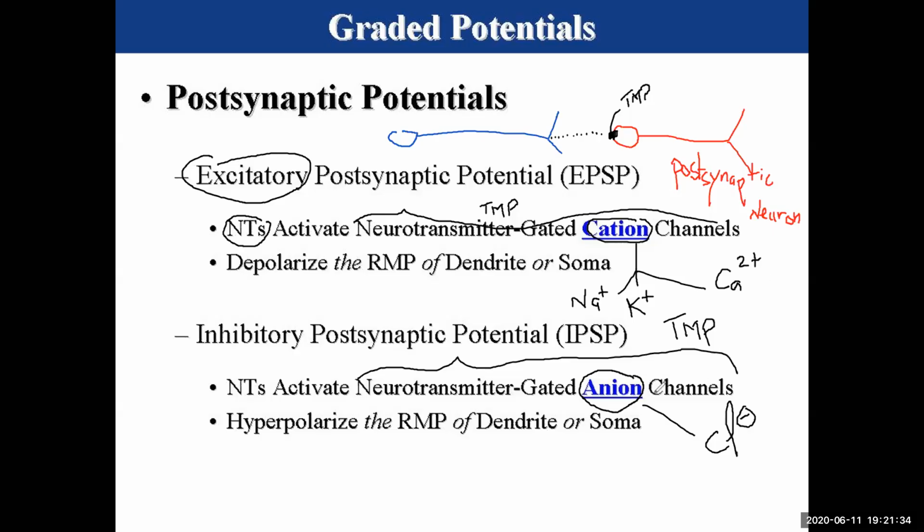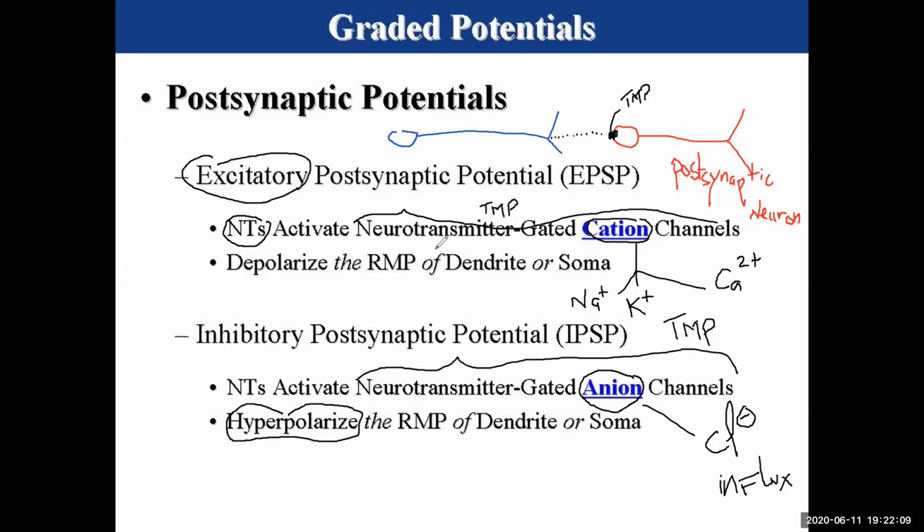So when you allow chloride influx, meaning chloride is coming in, it makes the inner leaflet more negative, right? So you are hyperpolarizing. You're making the inner leaflet even more negative than before. So in other words, you inhibit the postsynaptic neuron from generating the next step, which is generating an action potential, right?